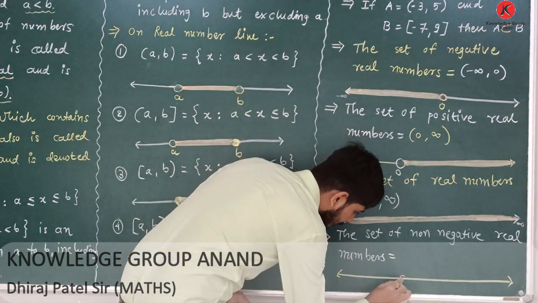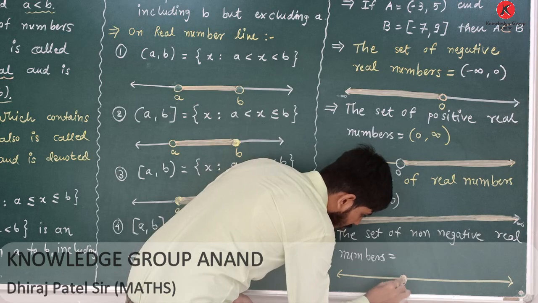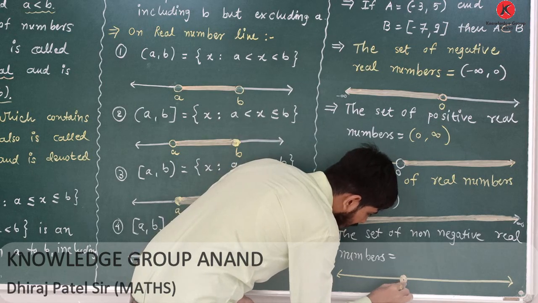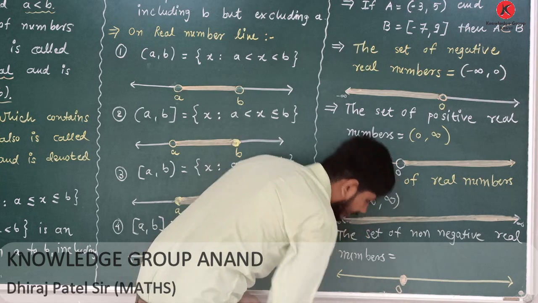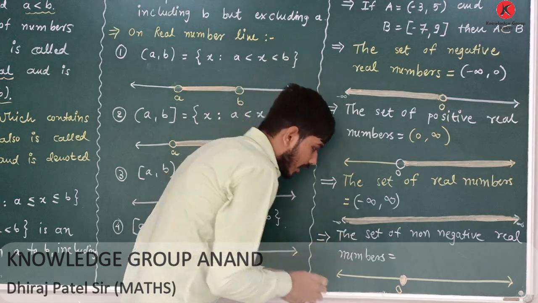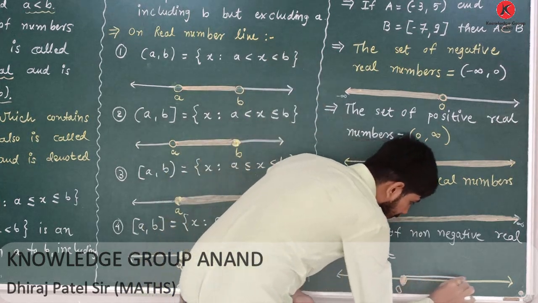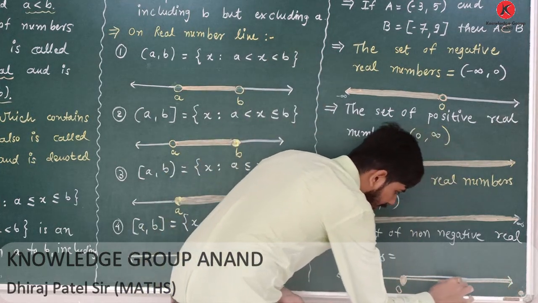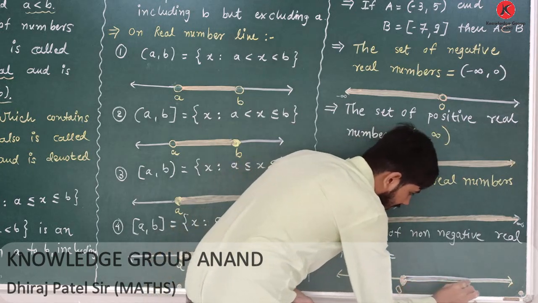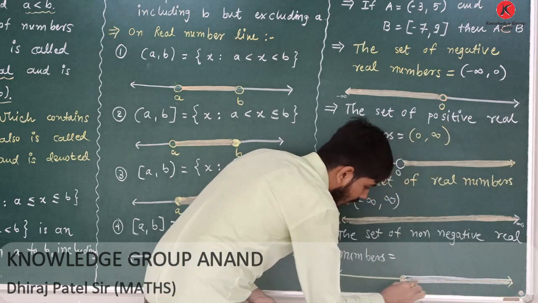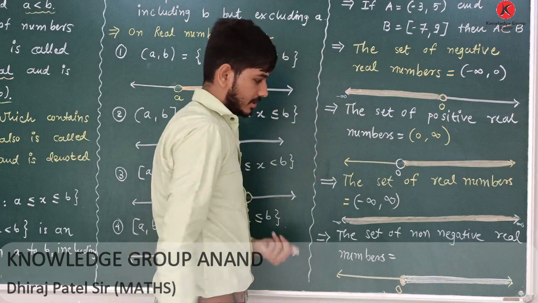Therefore, on the number line, suppose this is 0, you have to darken it because 0 is included here, and all the positive numbers on the number line are the non-negative real numbers.